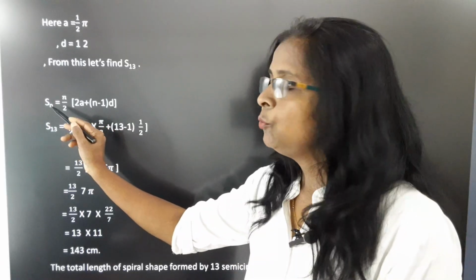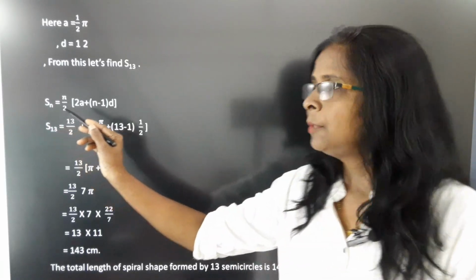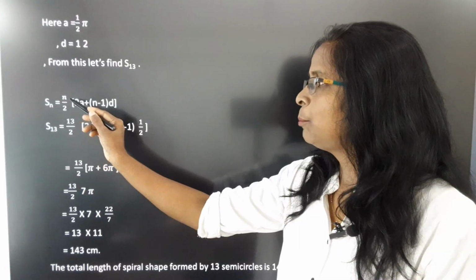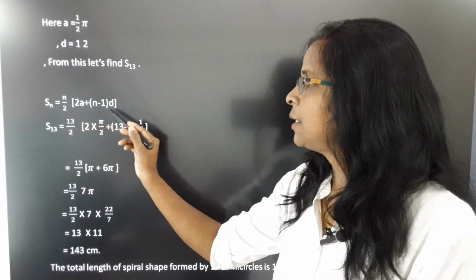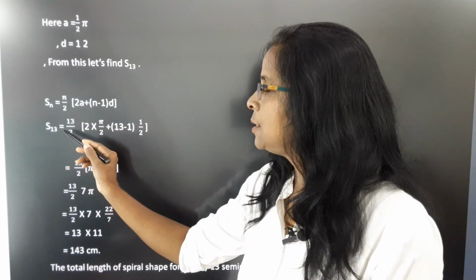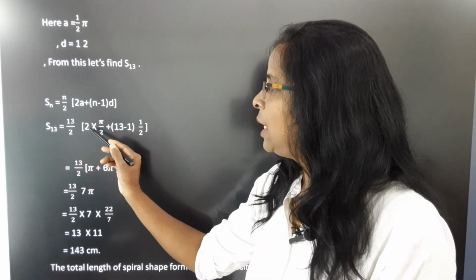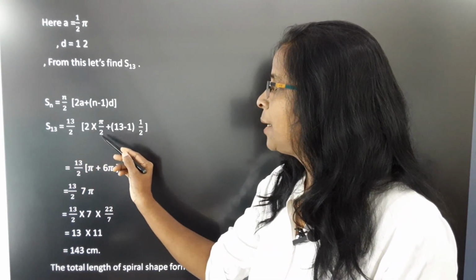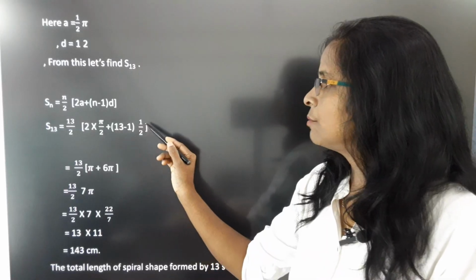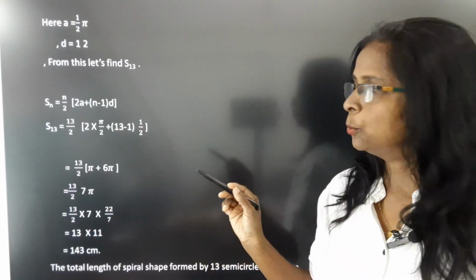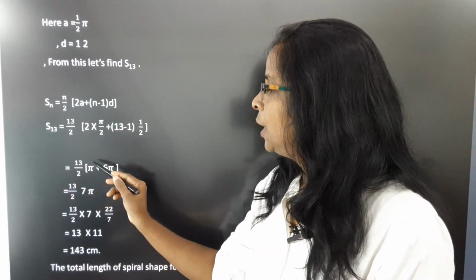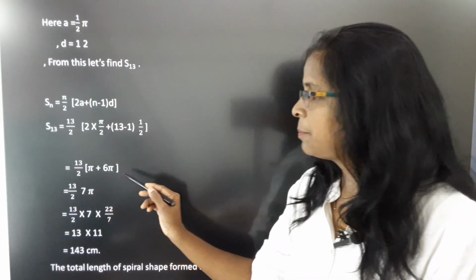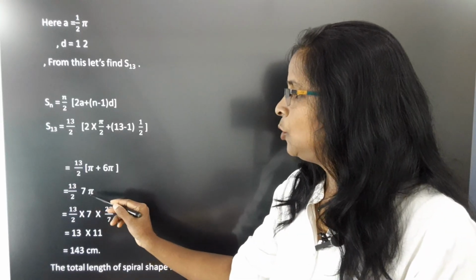So here we use the formula for the sum, that is Sn is equal to n upon 2 times 2a plus n minus 1 d. So S13 is equal to 13 upon 2 multiplied by 2 multiplied by pi upon 2 plus 13 minus 1 multiplied by 1 upon 2. So here 13 upon 2 in the bracket pi plus 6 pi, so 13 upon 2 into 7 pi.